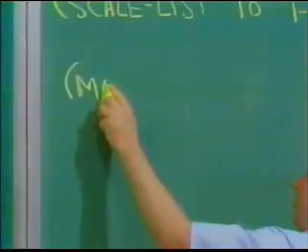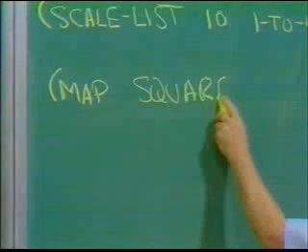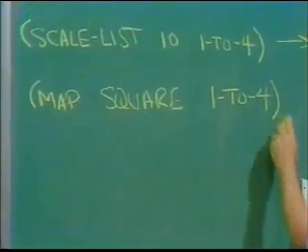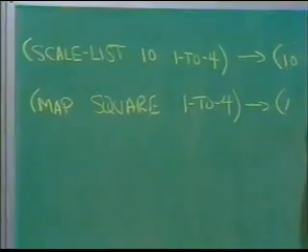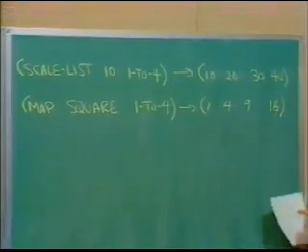So for instance, if I said map the square procedure down this list 1 to 4, then I'd end up with 1, 4, 9, and 16.